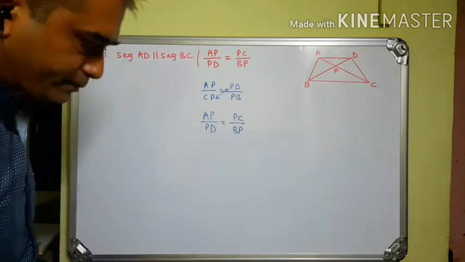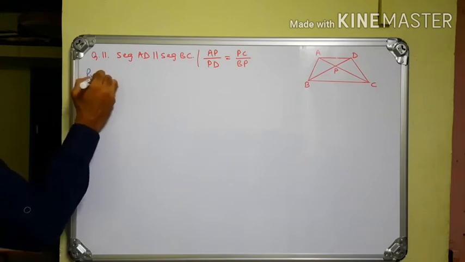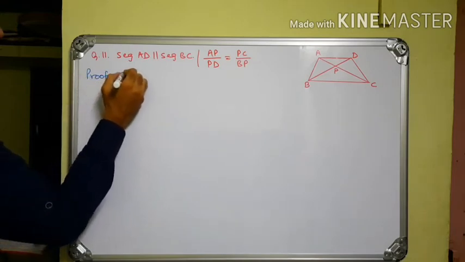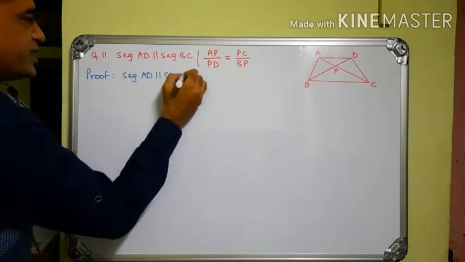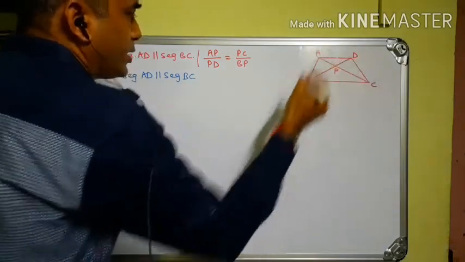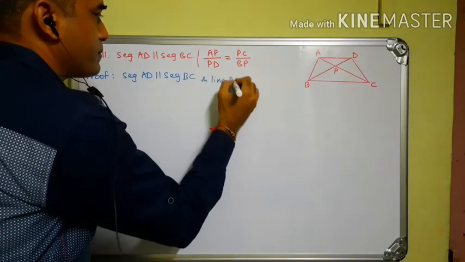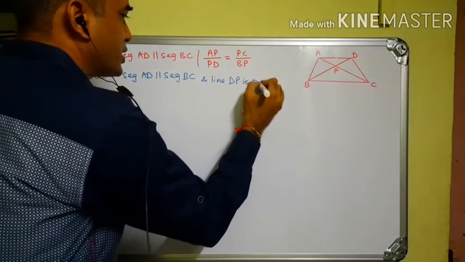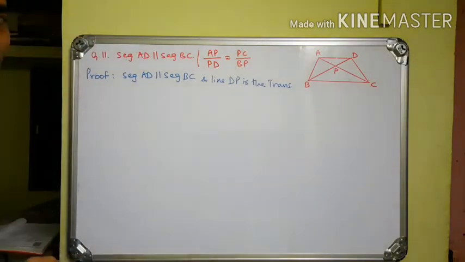So let's start. Proof. Now segment AD is parallel to segment BC, AD is parallel to BC and line DP is the transversal. So which alternate angles will be congruent?